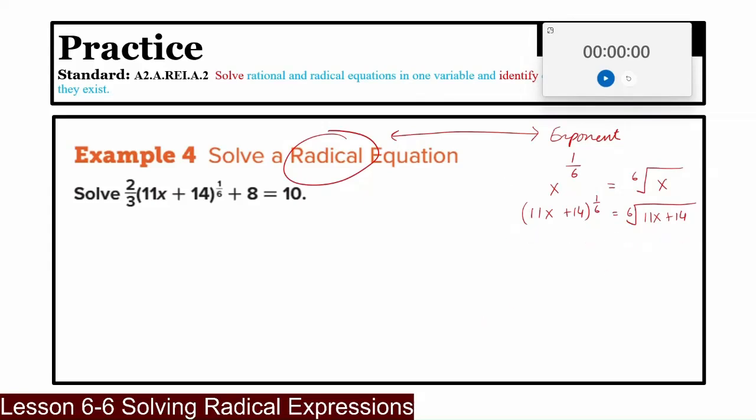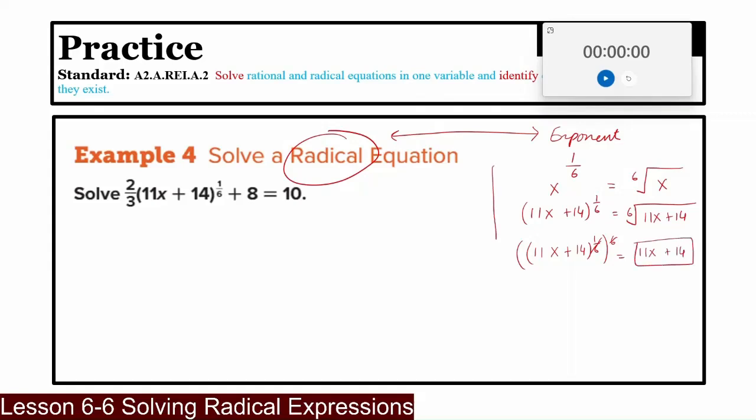And also we know that if I want to get rid of this radical, then all I have to do is just raise this by the index. And what is my index? My index is 6. So the 6 cancels all of this, and I'm left with 11x plus 14.